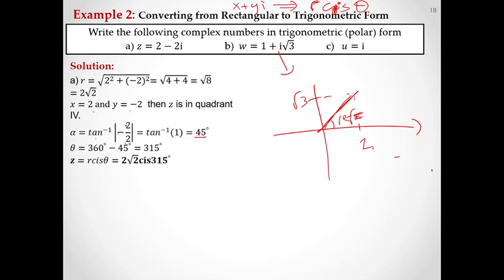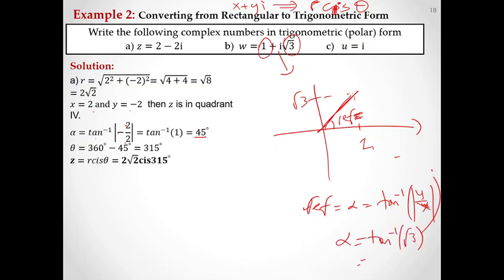So how do you find the reference angle? You just look at reference angle alpha, which is equal to tangent inverse of the absolute value of y over x. What is y over x? Y is square root 3 divided by 1. So it has to be 60 degrees.